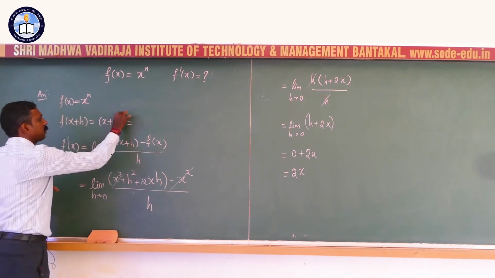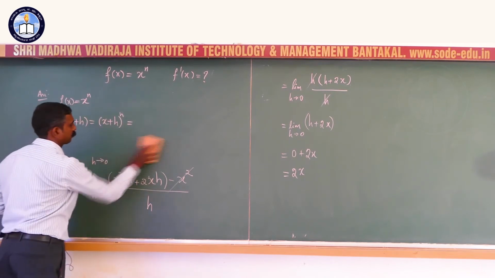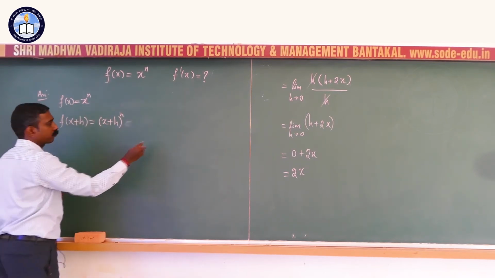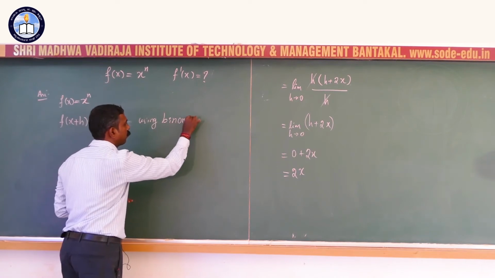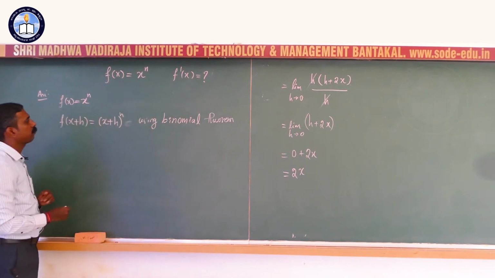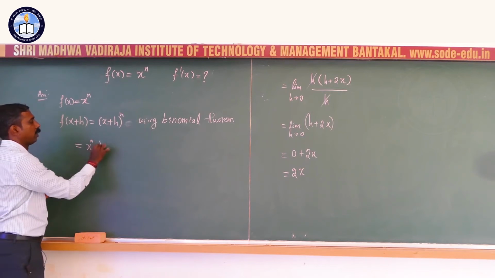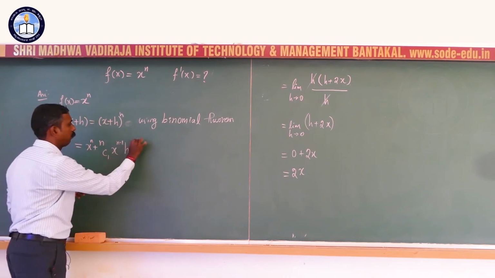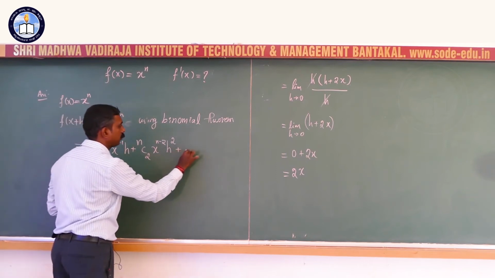f of x plus h is x plus h whole to the power n. From the binomial theorem, we know that x plus h whole to the power n can be written as x power n plus nC1 x to the power n minus 1 h plus nC2 x to the power n minus 2 h square plus so on.